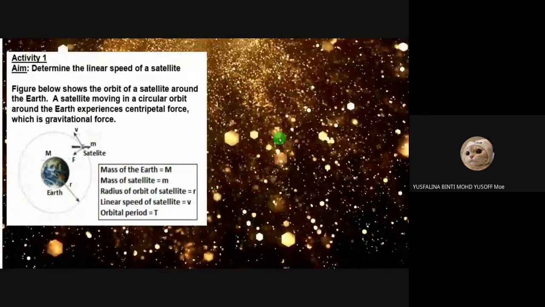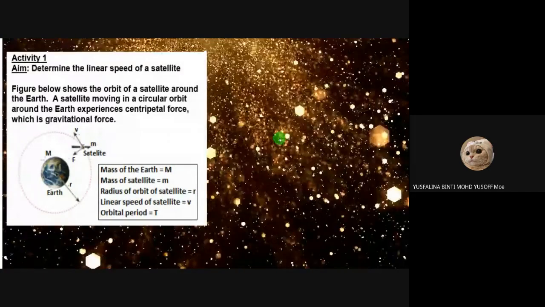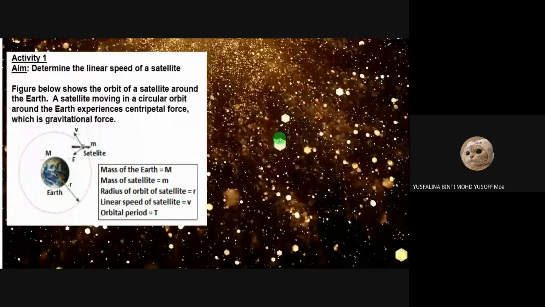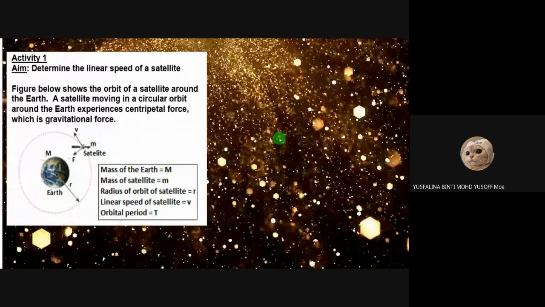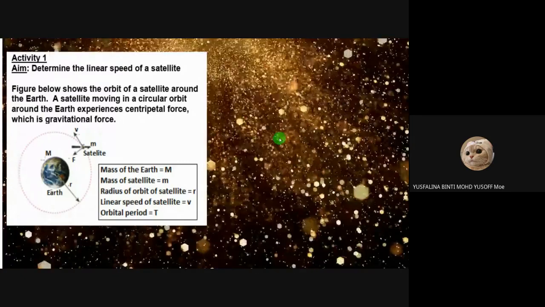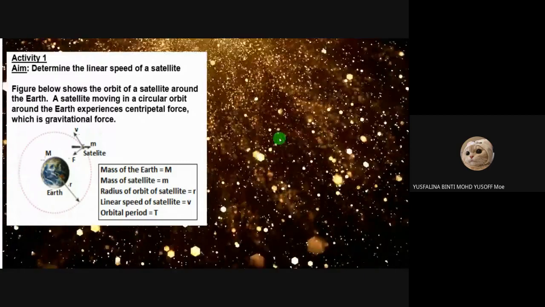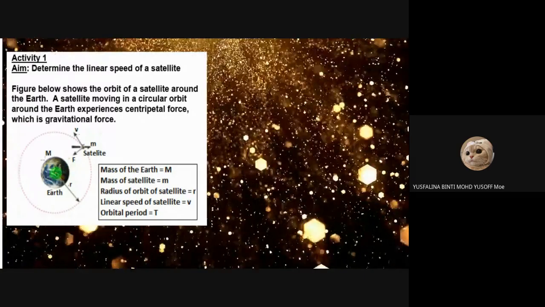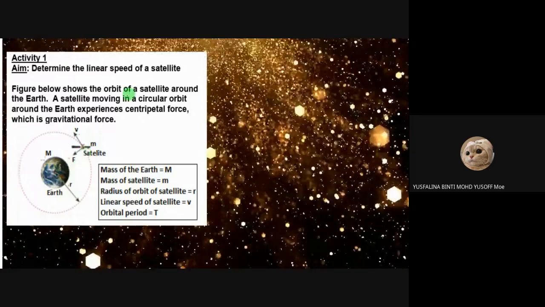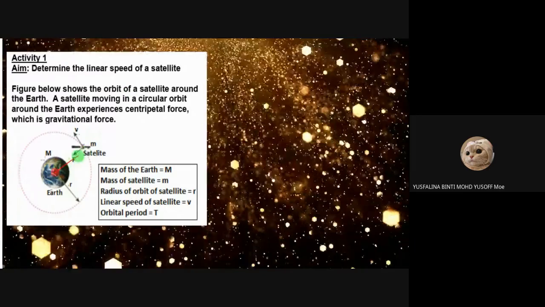We already know that when there are two objects, there is a gravitational force acting on them. Let's take the example of the Earth and the satellite. There is a gravitational force acting between these two.